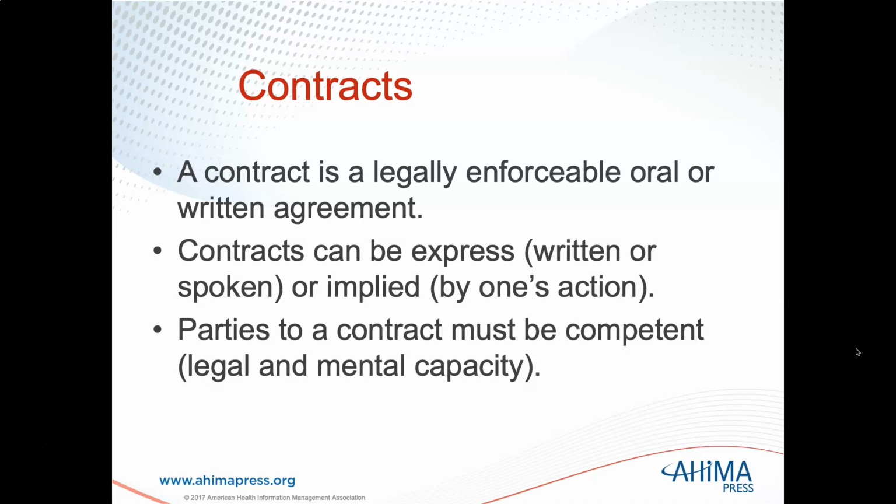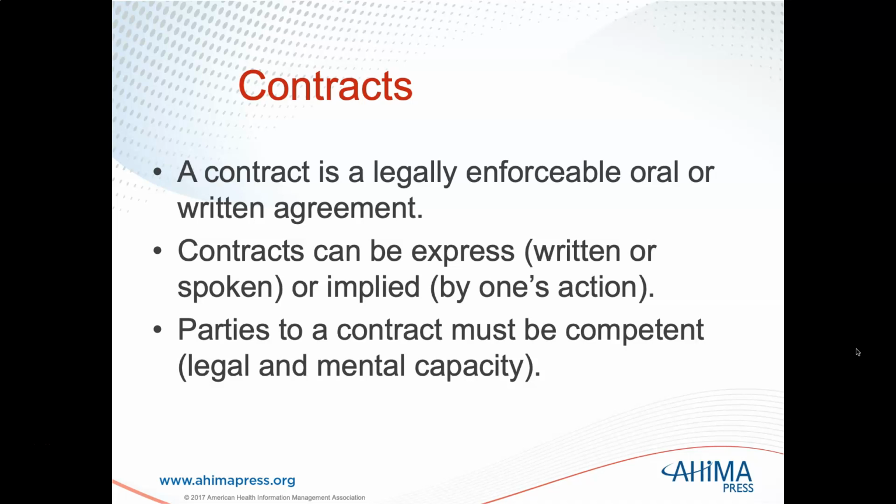And parties to a contract must be competent mentally and legally. They have to be legally competent in that they're over the age of majority or they meet that of an emancipated minor. And the individual that is part of this contract has to be mentally competent, mentally capable of understanding what they're doing and what they're agreeing to.